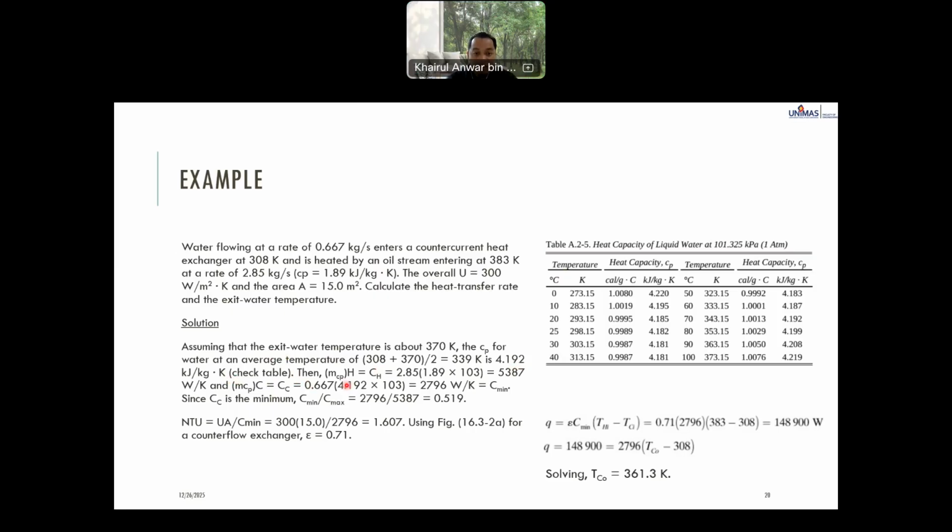So CH equal to, referring to the oil, 2.85 times 1.89 times 10^3.